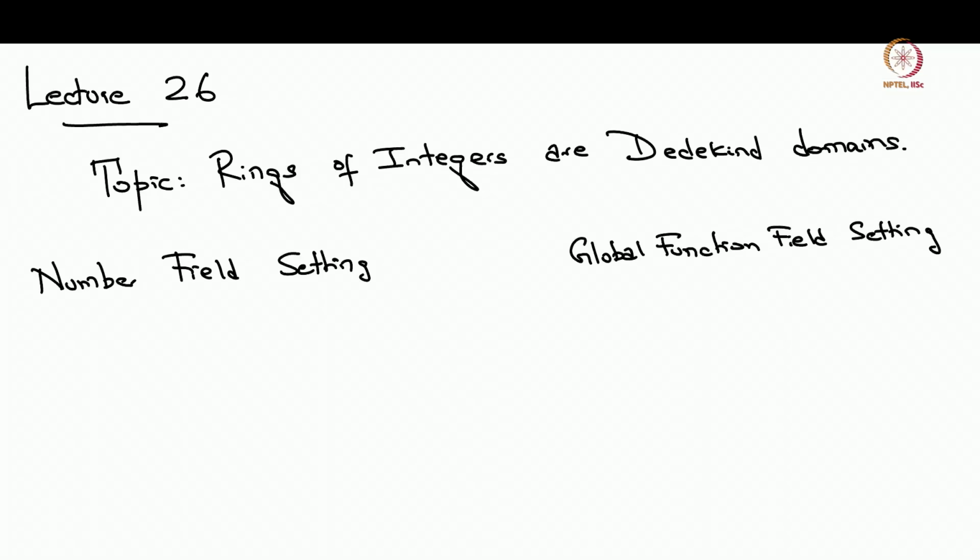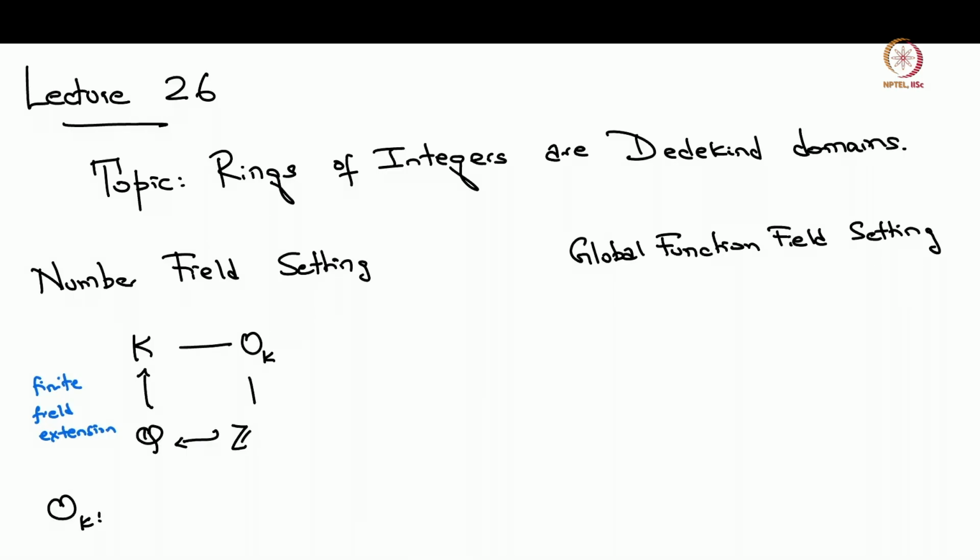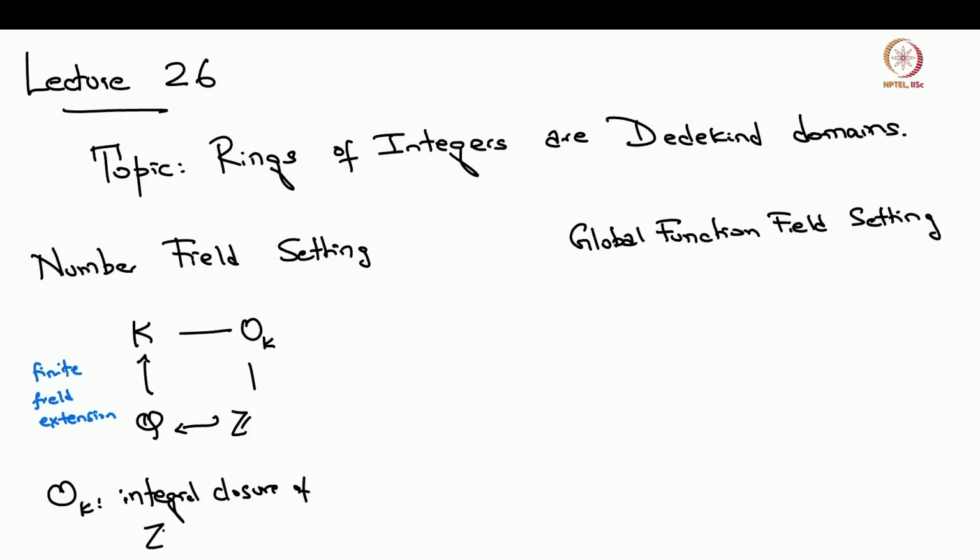And so what we have in the number field setting is we have a number field K over Q, which just means we have a finite field extension of Q. And inside Q we have integers Z, and then we have O_K, which is the integral closure of Z in K.